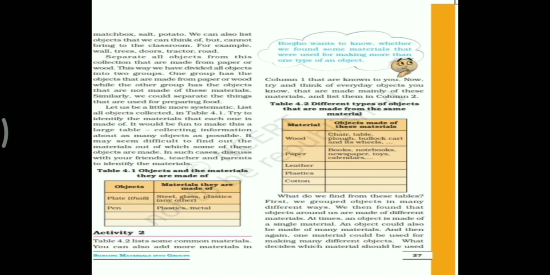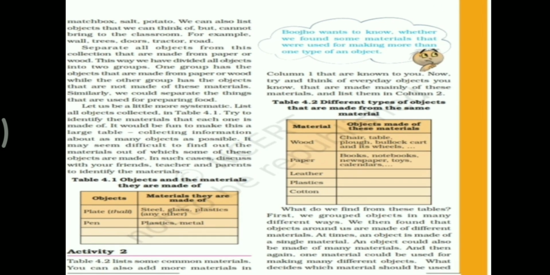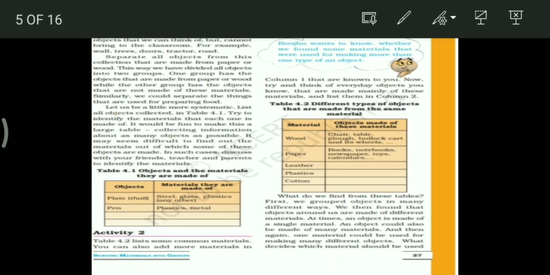Okay, now let's come to the very first table here, table number 4.1, objects and the materials they are made up of. The first object which is written here is plate.